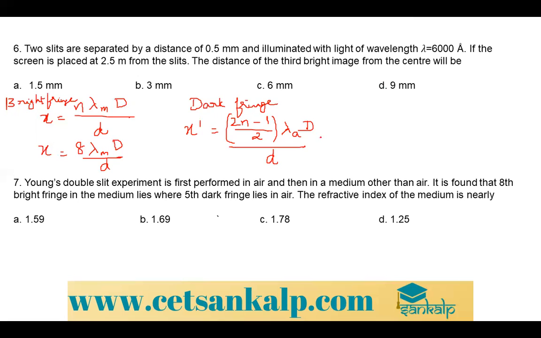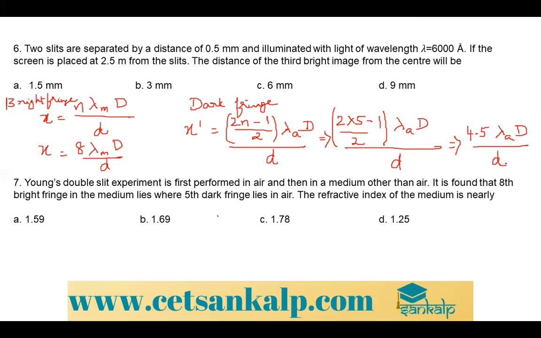So 2 into 5 minus 1 divided by 2. So lambda a D divided by d. So 10 minus 1 is 9, 9 by 2 is 4.5. So 4.5 lambda a D divided by d.